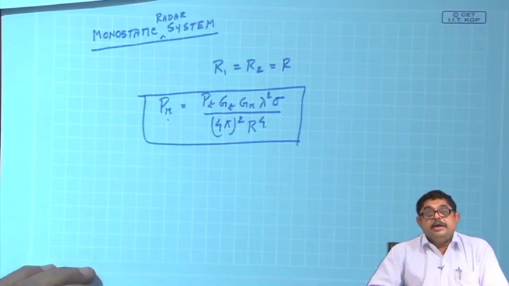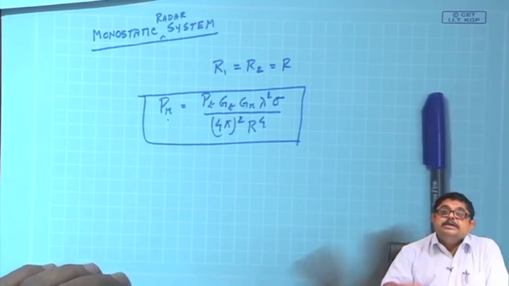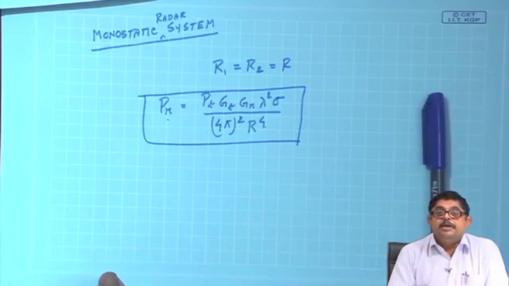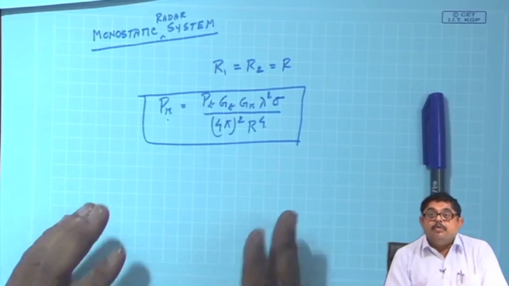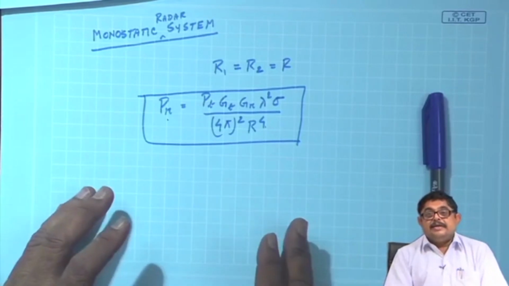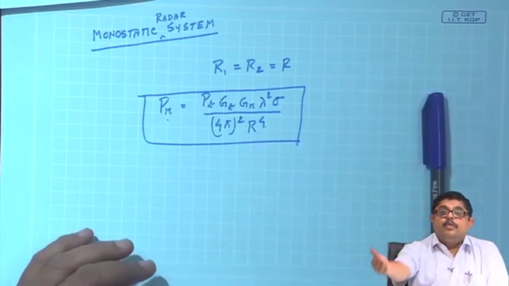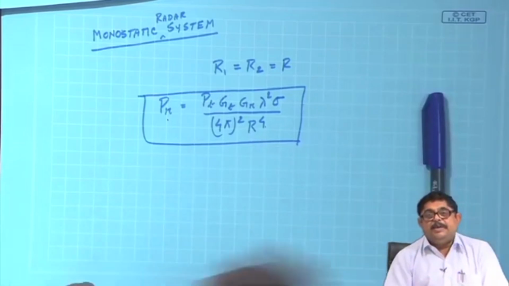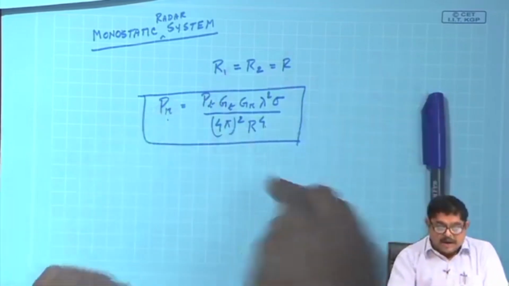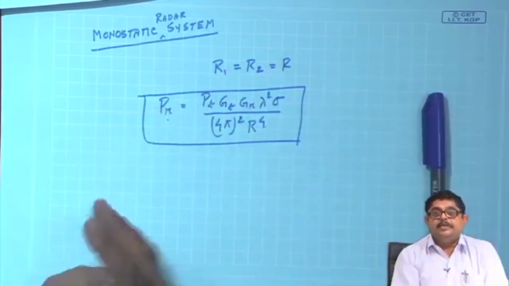the distance. Now, this is very severe, it has a lot of implications, because in a communication system, when the receiver receives the power, it is just 1 by r square if the receiver is far away from the transmitter.